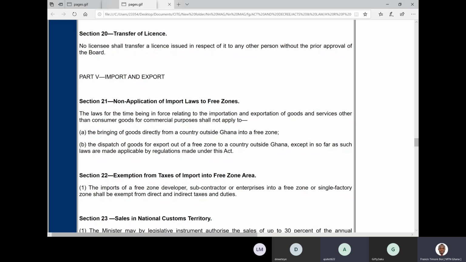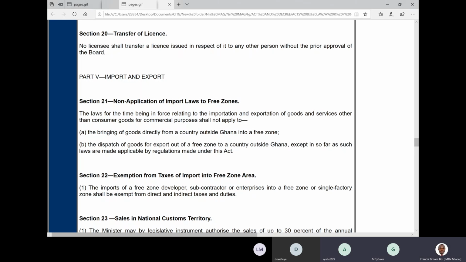But where you are coming to use them for the purpose of the free zone enterprise, then there are no taxes, there are no duties, and nothing that applies will affect it. So instead of going through customs clearance, there will not be declaration and all those things. It won't apply here.